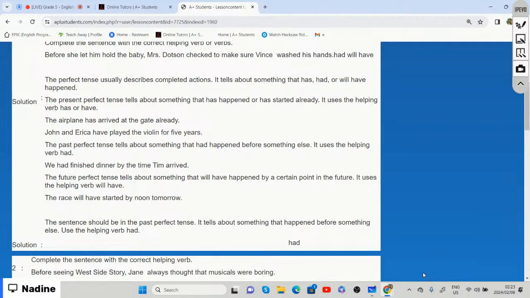And then we have the perfect tense, which usually describes completed action.